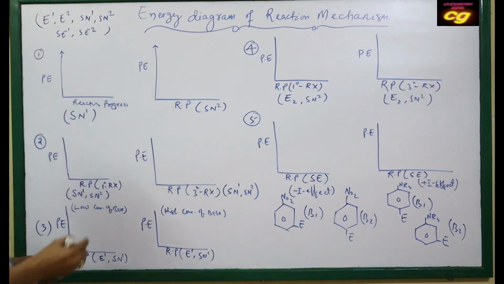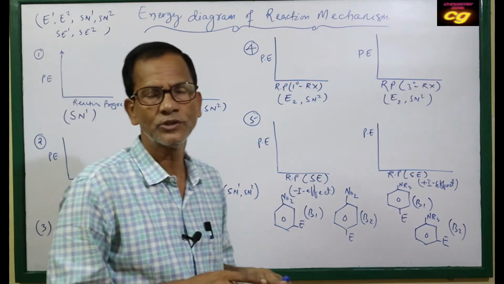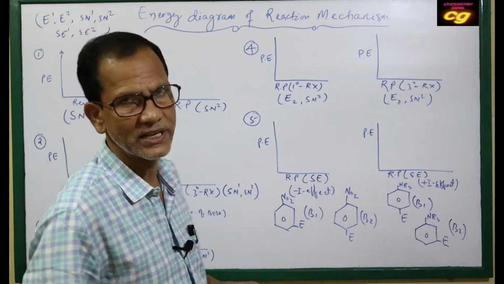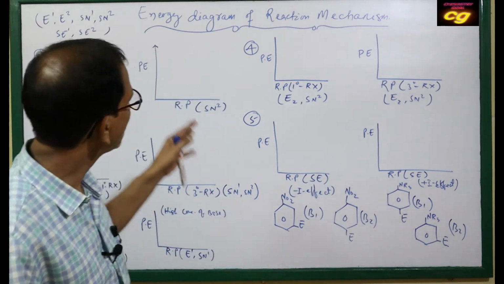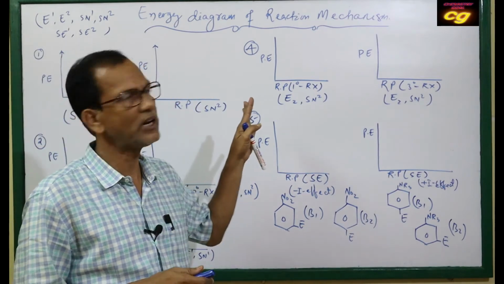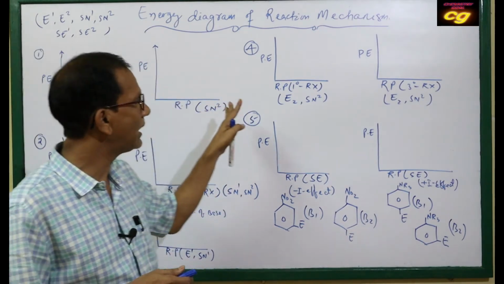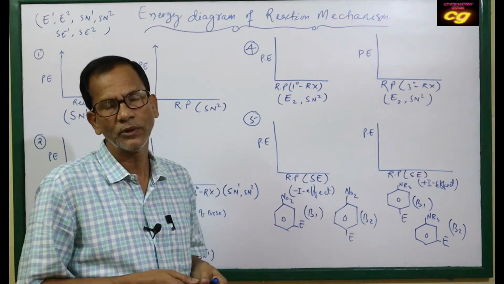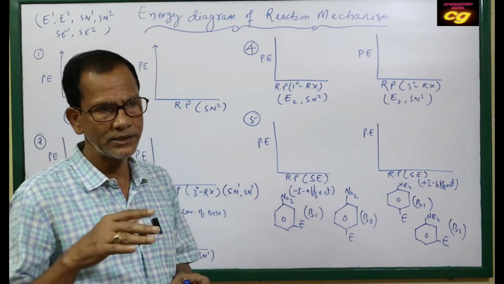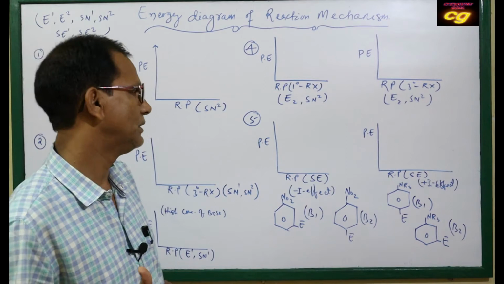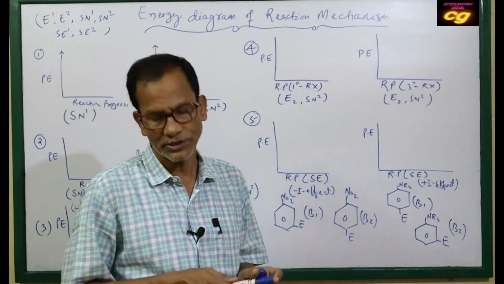Substitution and elimination reactions. So what are the energy diagrams? What are the potential energy and the progress of reaction for the particular reactions, and what is the difference between the reactions? Let us discuss.